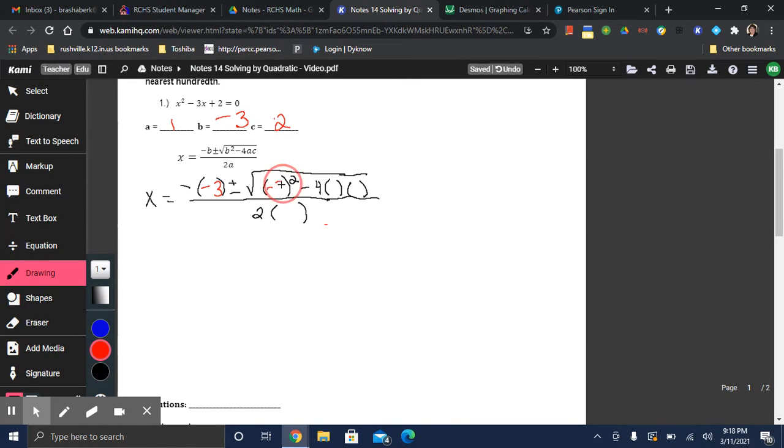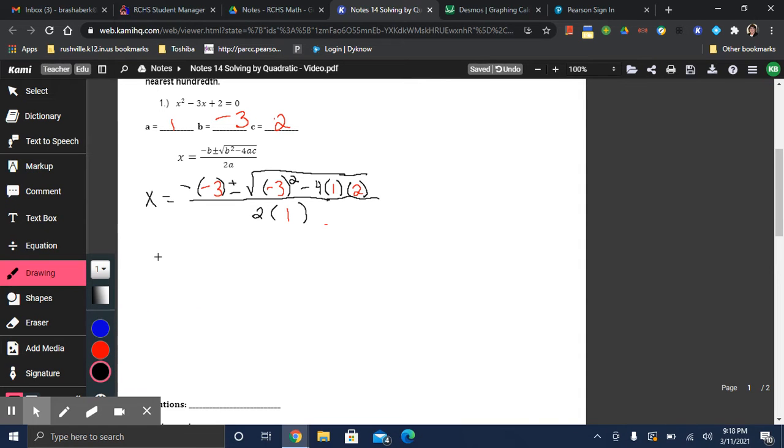Make sure you put the negative sign inside the parentheses. And then the next place that we substitute after the 4 is for the a, which is a 1, and the c, which is a 2. And then in your denominator, it's 2 times a, so this will go for the a, which is 1.